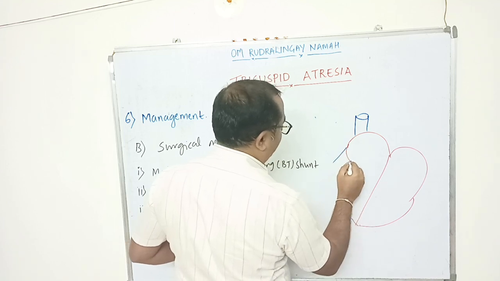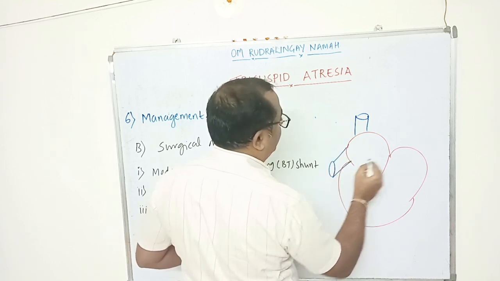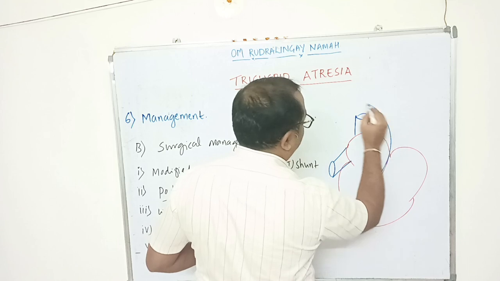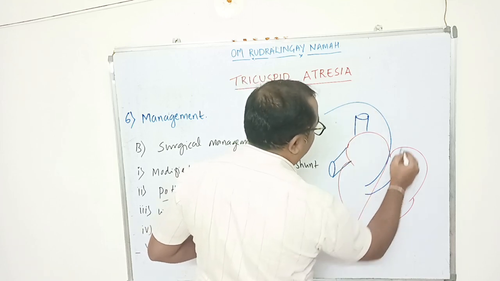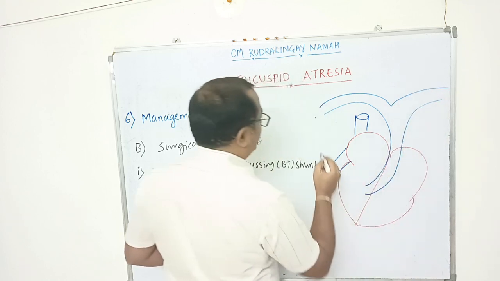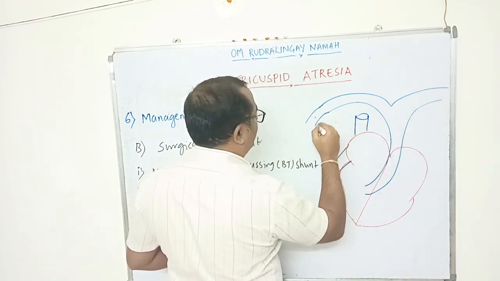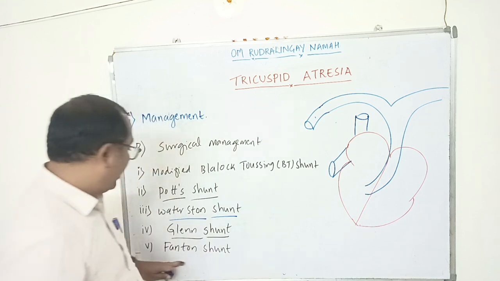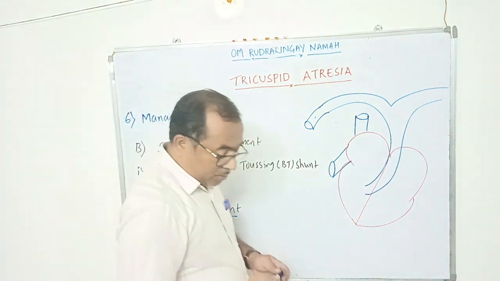This is the inferior vena cava. This is the pulmonary artery. So here, in case of Fontan shunting, what will the surgeon do?